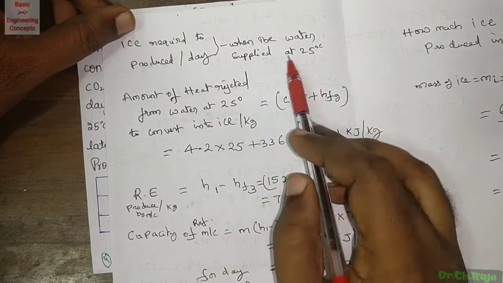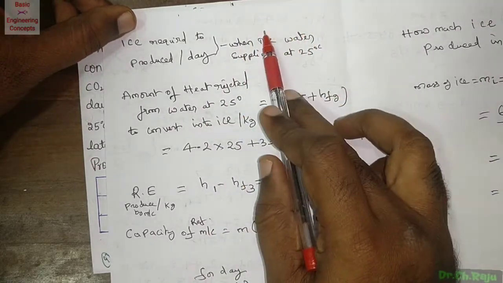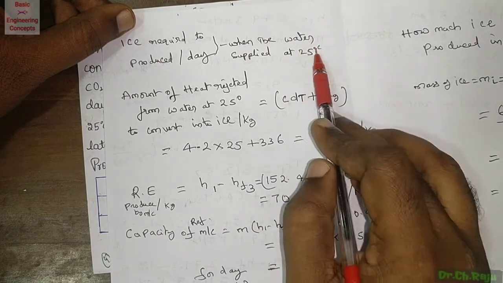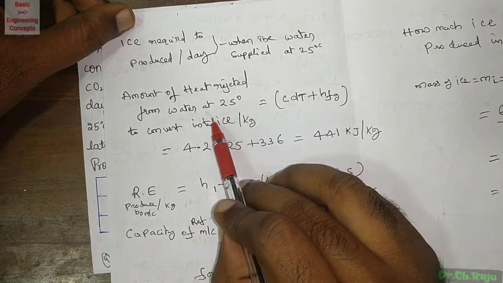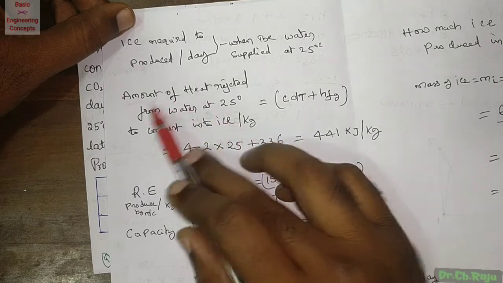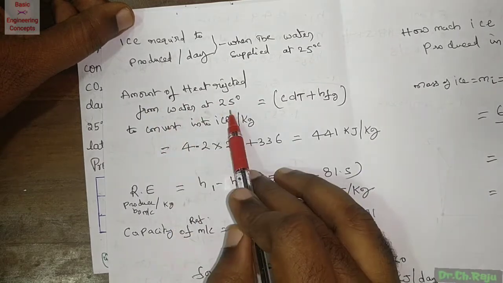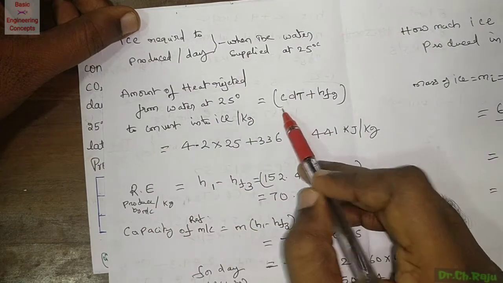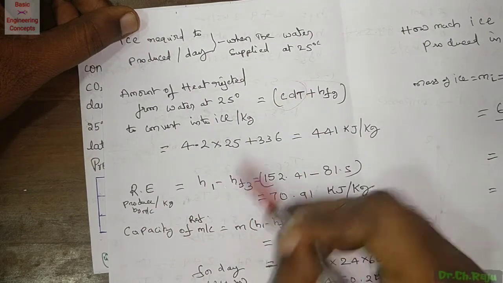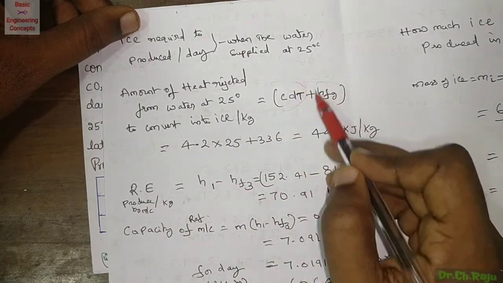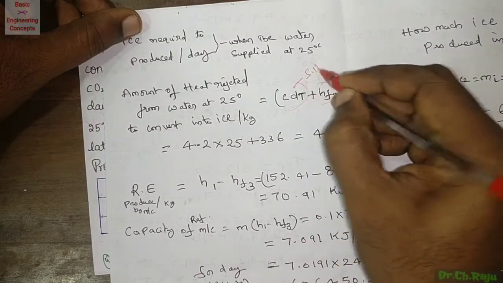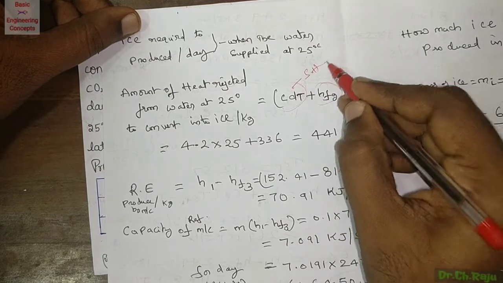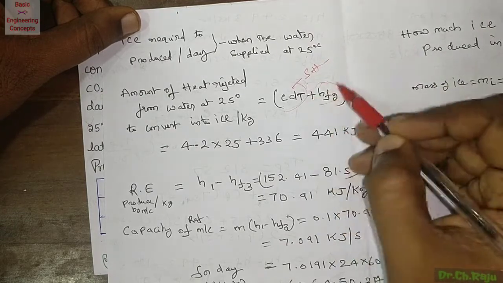From this water you should remove the heat from 25 degrees to ice at 0 degrees C. The amount of heat rejected from water at 25 degrees to convert to ice has the sensible heat of water and the latent heat. First, from 25 degrees to 0 degrees you should remove the sensible heat of water.